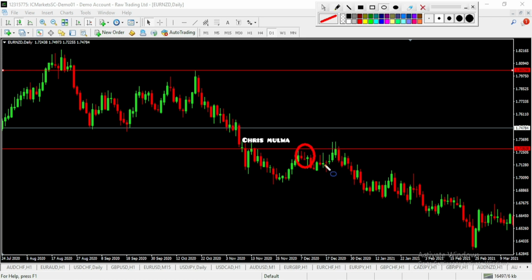Okay. So when there are pin bars that have the longer tail, the market is pulled downwards.